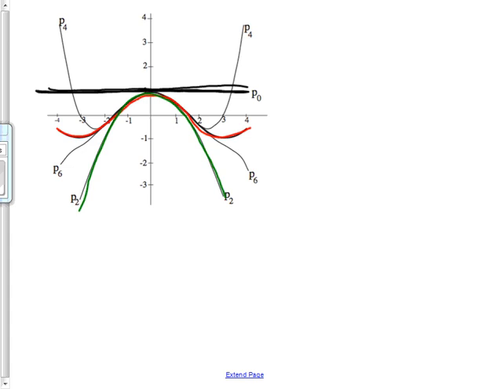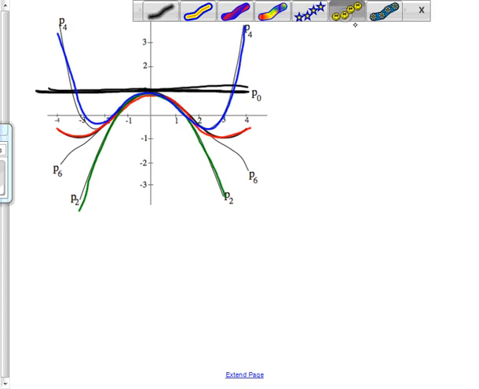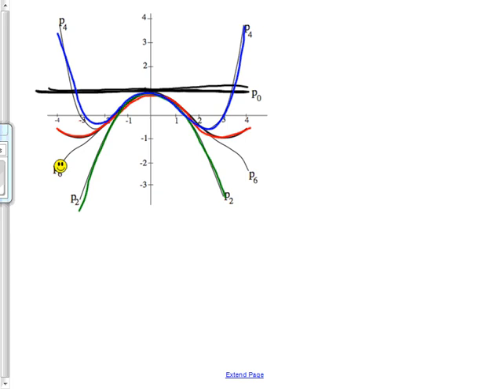In blue, we have our 4th degree polynomial. And I'm running out of colors here, but in smiley faces, because it works even better, we've got our 6th degree polynomial.